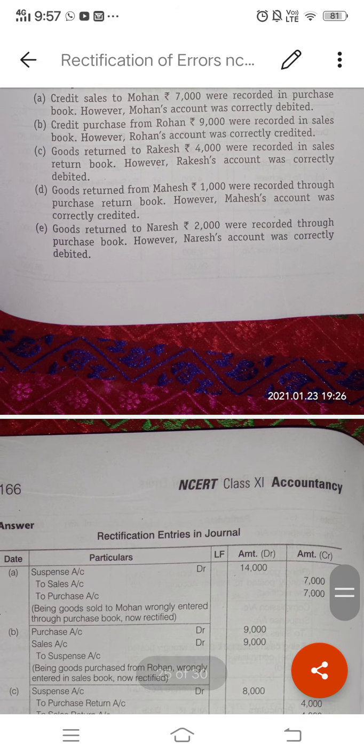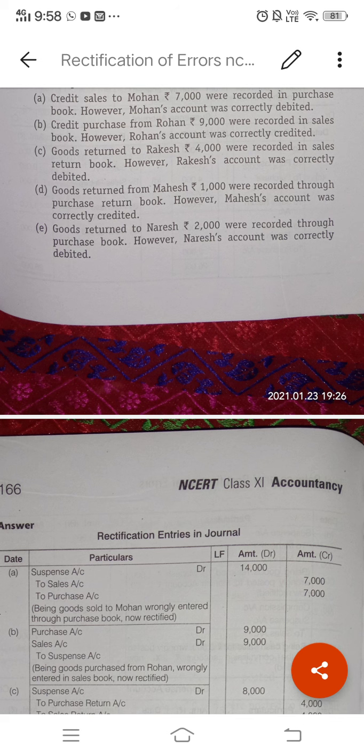Okay. Third one: goods returned to Rakesh were recorded in the sales return book. The Rakesh account was correctly debited. Goods returned to Rakesh is a purchase return. Purchase return is a credit balance, but it is recorded in the sales return book. The sales return book is a debit balance, so there is an excess of debit balance of 4,000.